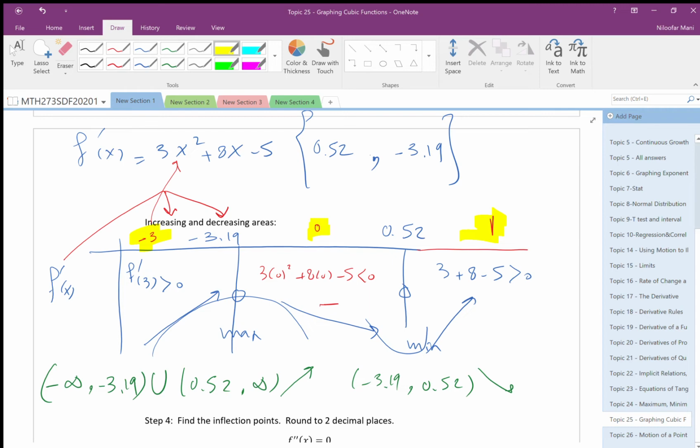So I can check. So here I have plus and here I have minus. Okay? Sorry, here I have plus as well. So in between I have minus. And then I know from minus infinity to minus 3.19 and 0.52 to infinity is increasing, and in between 2 points it's decreasing. Nice.